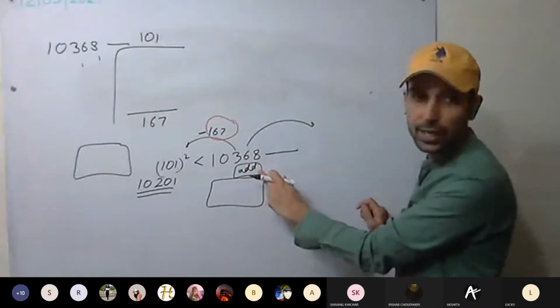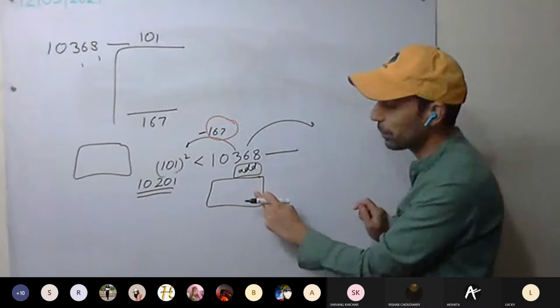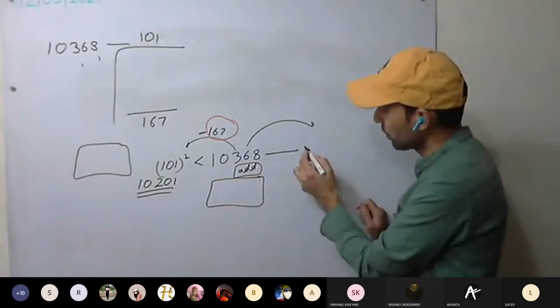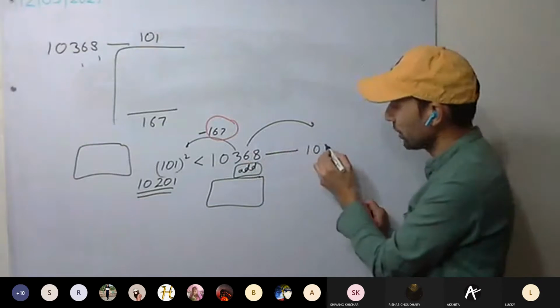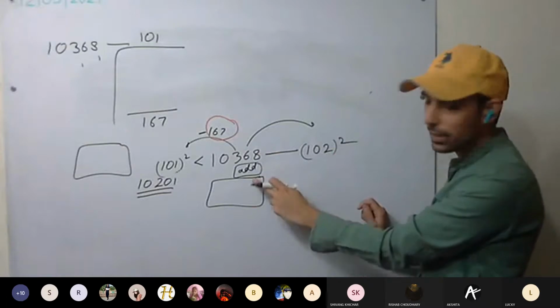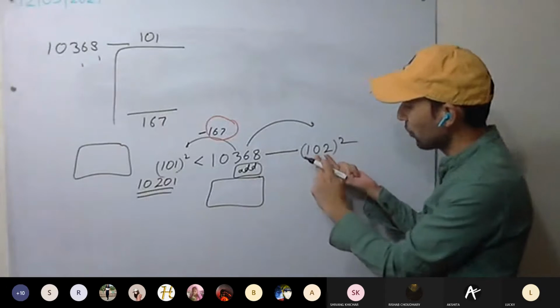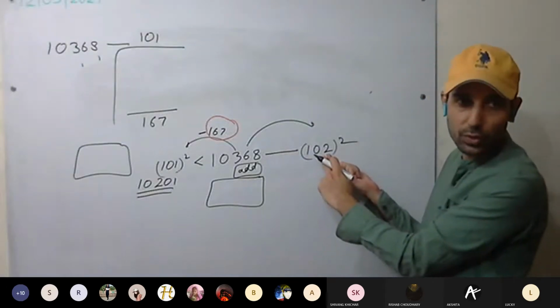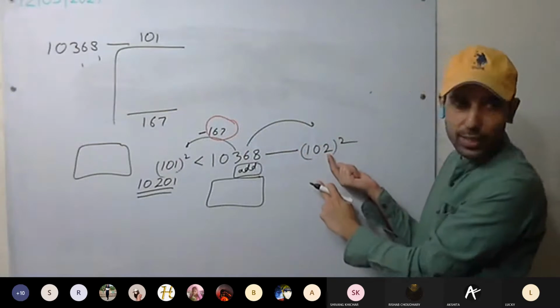So what must be added to this so that whatever result we have becomes a perfect square? After adding something, the result must be a perfect square of what? 102 square. 101 square, the next perfect square will be 102 square.